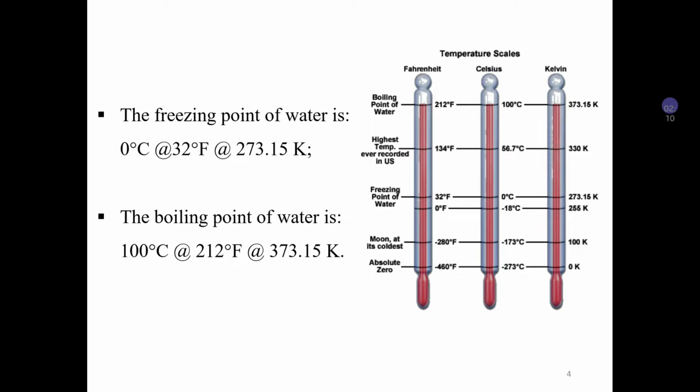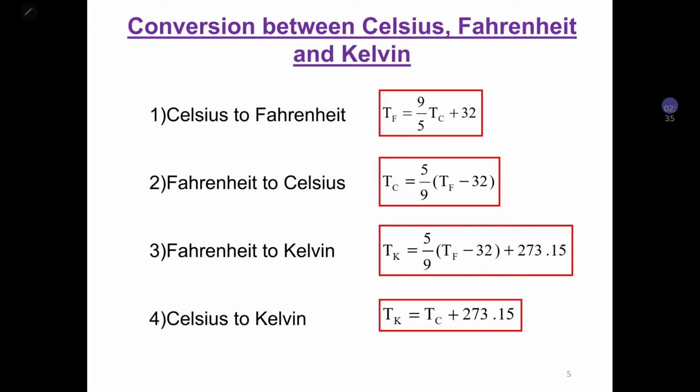The boiling point of water is 100 degrees Celsius, 212 Fahrenheit, and 373.15 Kelvin. So you have the reference points, freezing point and boiling point of water, and then you can make a conversion between Fahrenheit, Kelvin or Celsius.